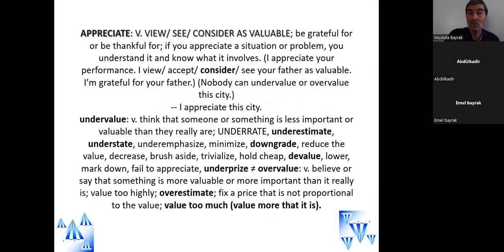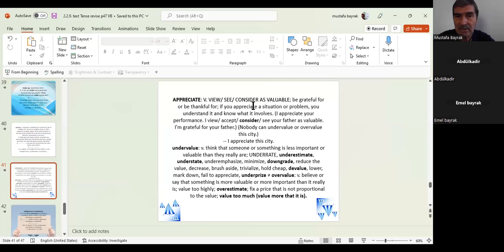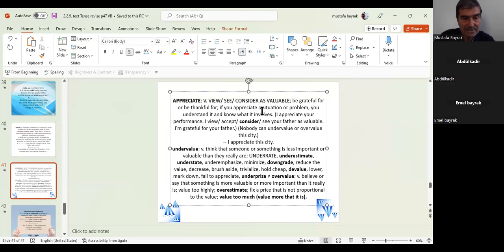Appreciate is really a beautiful word. Appreciate means view, see, consider somebody or something as valuable. Shall I write there somebody or something? Yes, I think it will be better. Appreciate means view, see, consider somebody or something as valuable.